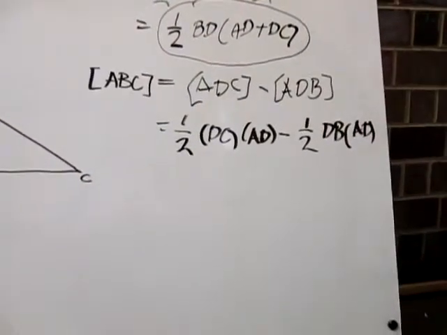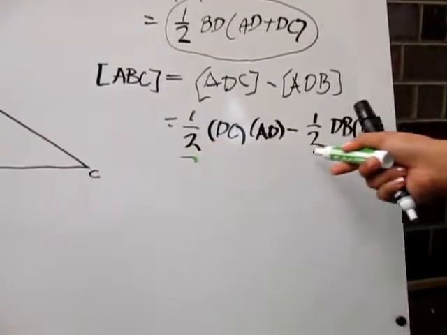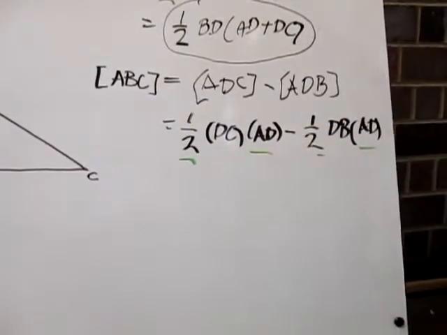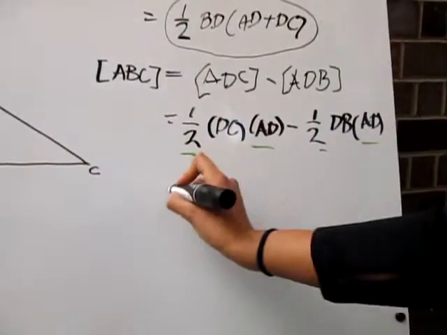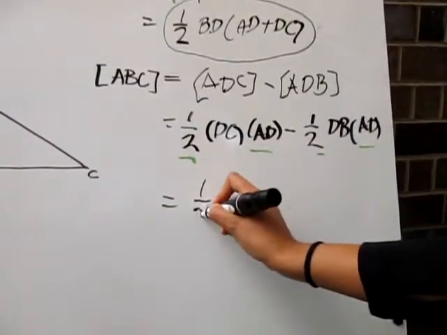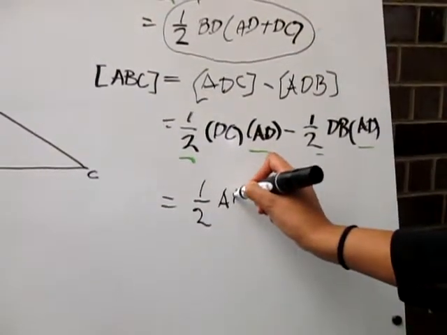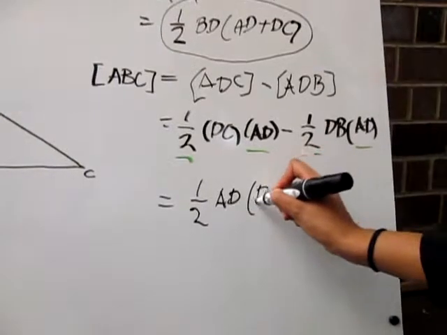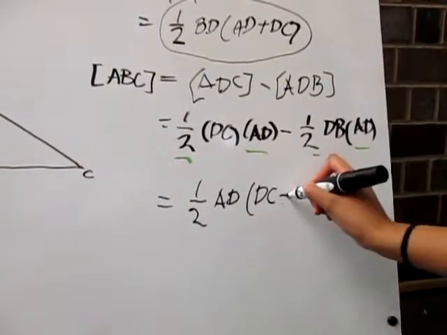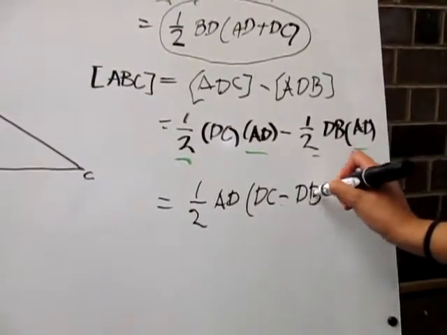And from here again we could see that we can factor out 1/2 and an AD. So we are left with 1/2 AD times DC minus DB.